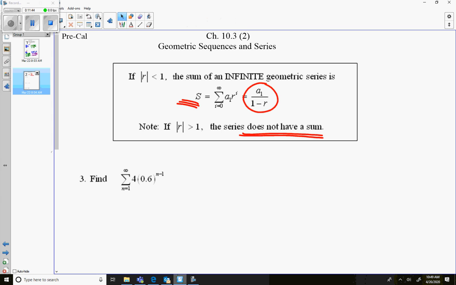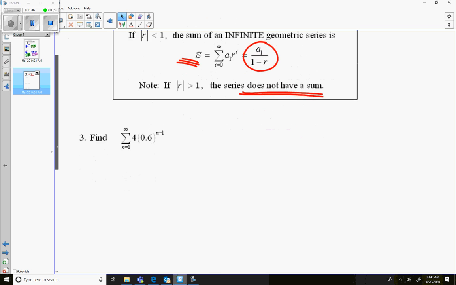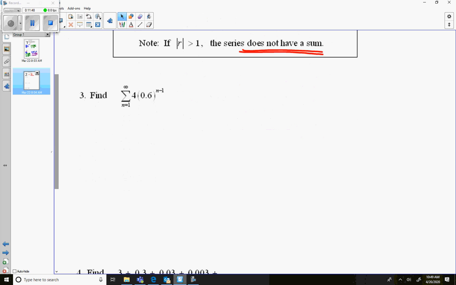All right, so number 3, find the sum, n equals 1 to infinity. Again, first time through the loop, you let n be 1. We're going to get 4 times 0.6 to the power of 0, which simply tells us our first term in this case is 4.